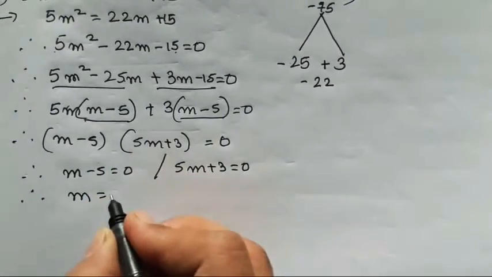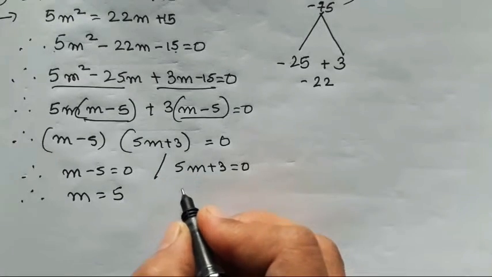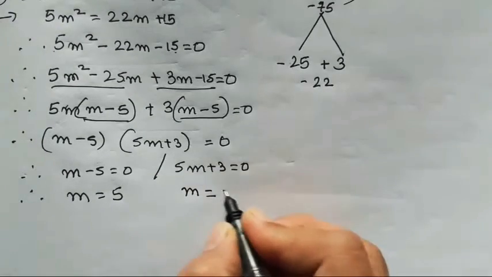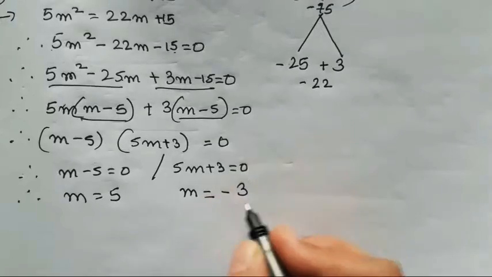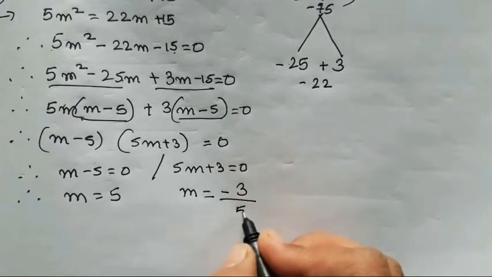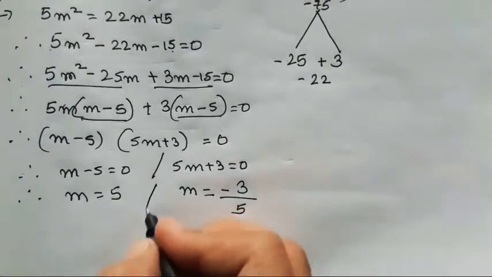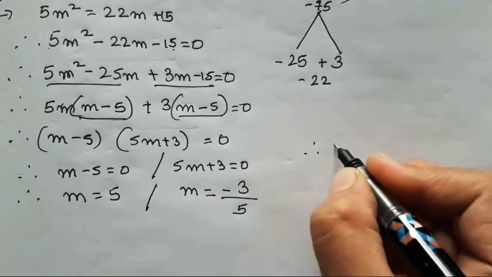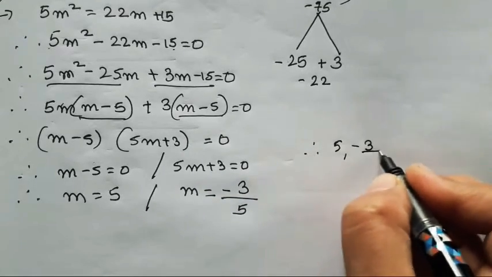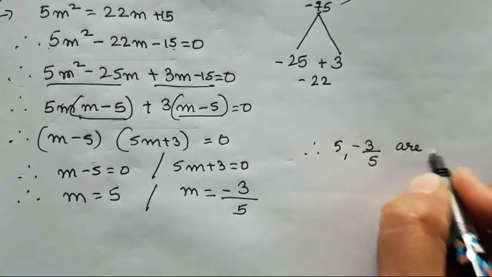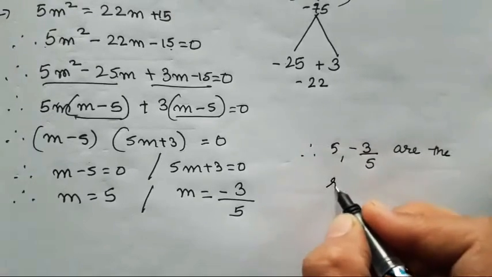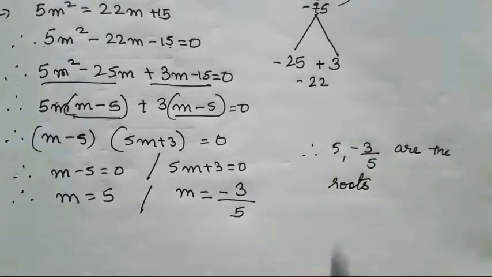When it changes its side, it will be 5 and this will change to minus 3 because plus 3 becomes minus 3, and 5 will come over here. So the roots are 5 and minus 3 upon 5, the roots of the equation.